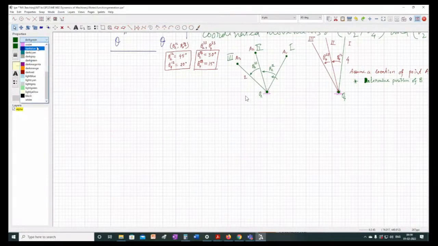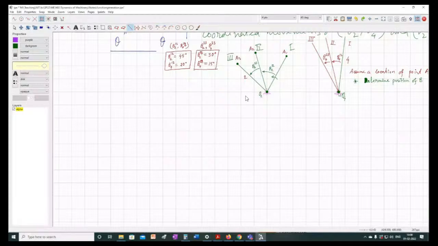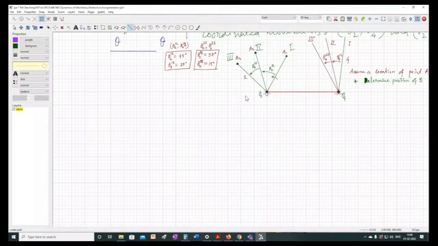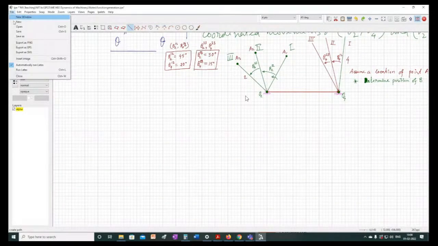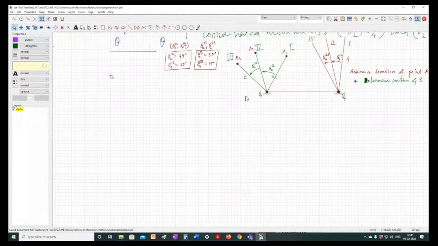Let us draw a line which will connect these two points, O4 and O2. This is just for understanding that there is a link 1.